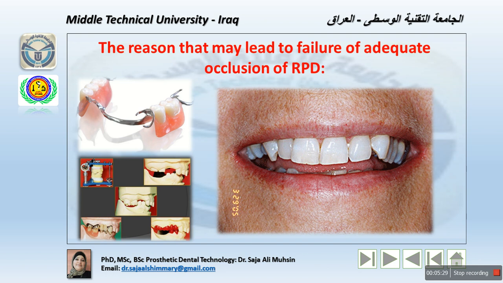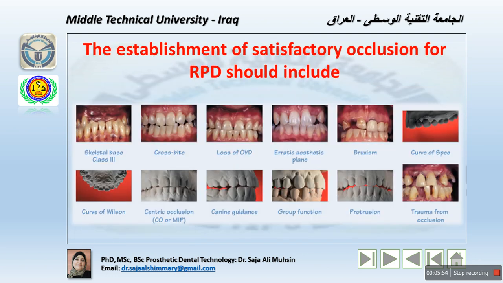So there should be functional movement to record the jaw relation record. Or we have also the other reason, which is an unacceptable occlusal plane. And this affects, of course, the design of the removable partial denture, which consequently affects the success of the denture.